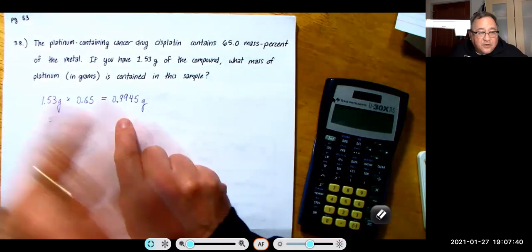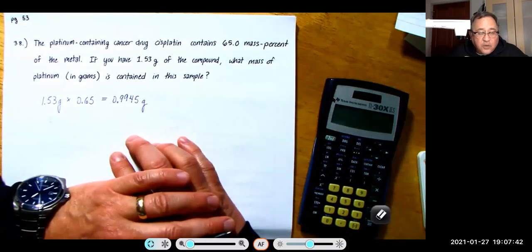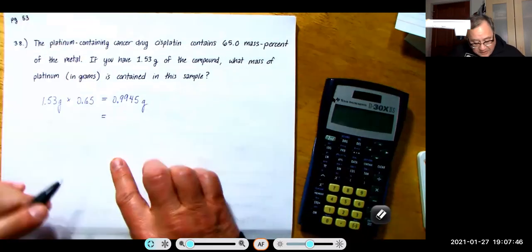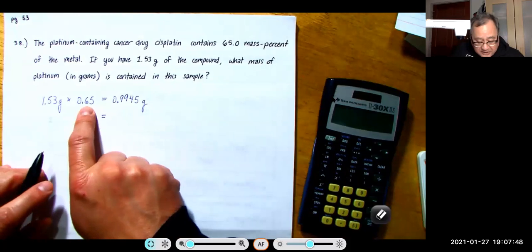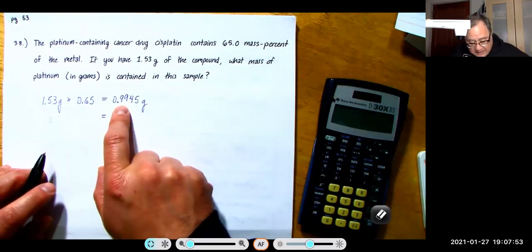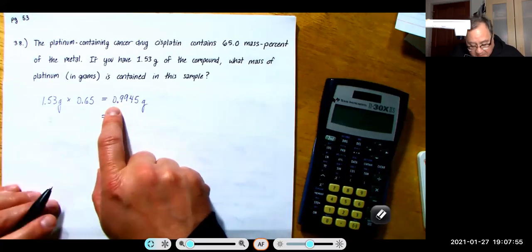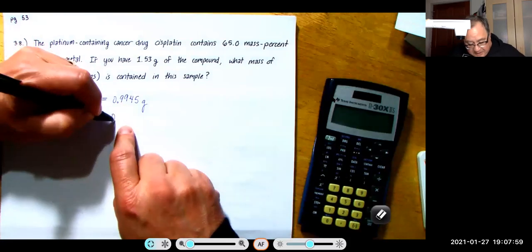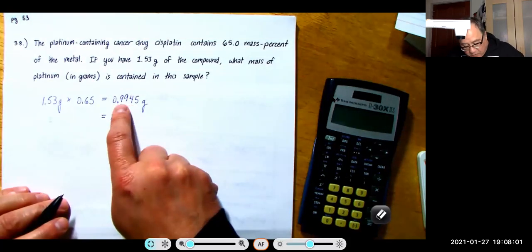Based on what I've done here, what would I write as my correct answer with significant figures? Chances are you'd say, well, I need 2 significant figures here. So I'm going to keep the 9 and the 9. And since that's a 4, we're going to leave it at that.